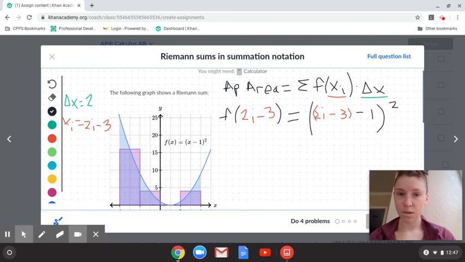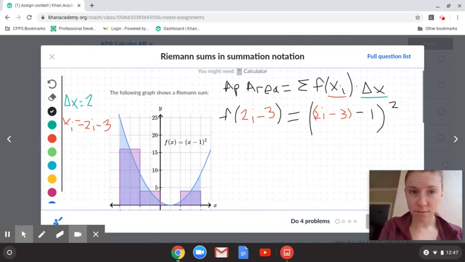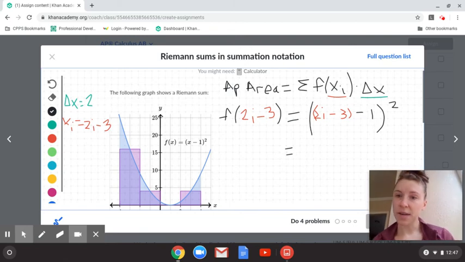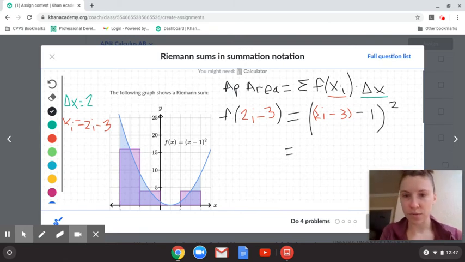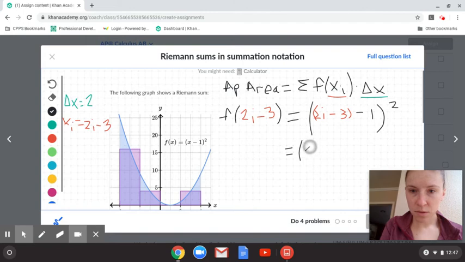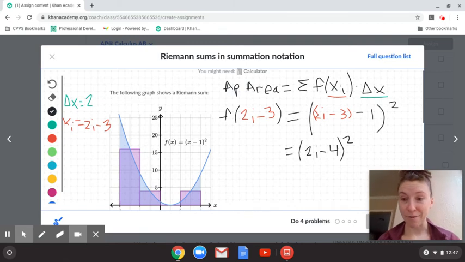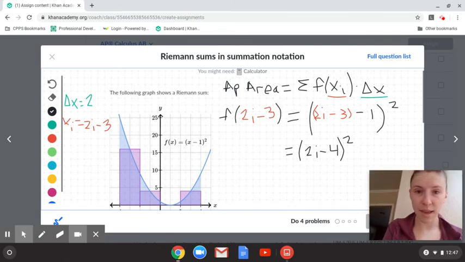Okay. So now I'm going to simplify that as much as I can. So I got 2I minus 3 minus 1, so it's really 2I minus 4. 2I minus 4 squared. That's my function. That's my f of x sub I.